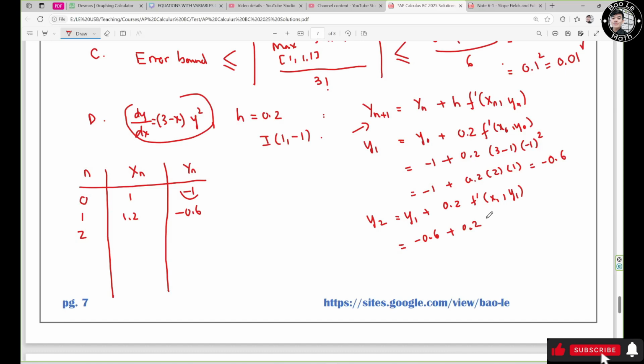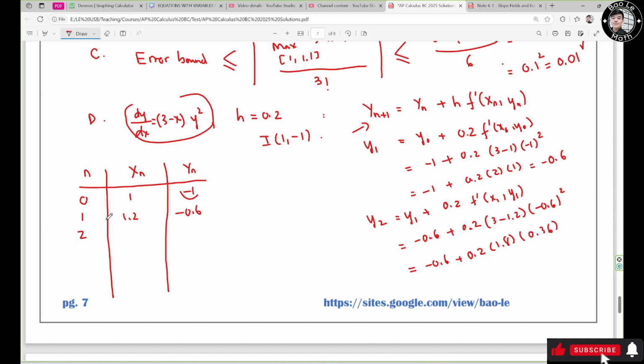So it could be times (3 minus 1.2), right? Times negative 0.6 squared, right? So I'm going to simplify this one: 3 minus 1.2 is going to be 1.8, times 0.2. So it could be 0.2 times 1.8 times negative 0.6 squared, which is 0.36, right?